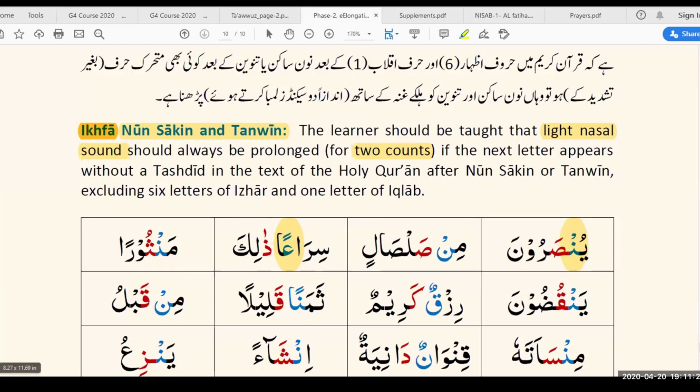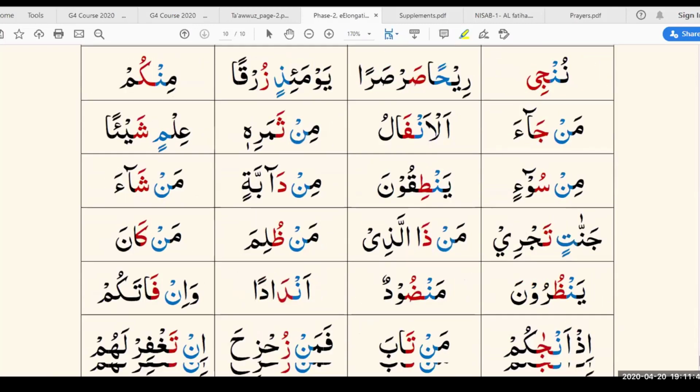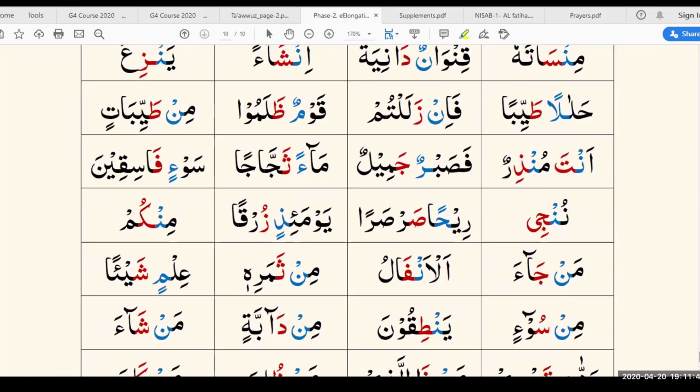Whether or not a small meem is present doesn't matter, but you have to change that noon sakin into a meem sound, meem sakin, and that's iqlab. So if you take away out of all the 28 letters of the Arabic alphabet 6 letters of idgham, 6 letters of izhar, and 1 letter of iqlab, the letter ba, then 15 letters remain.